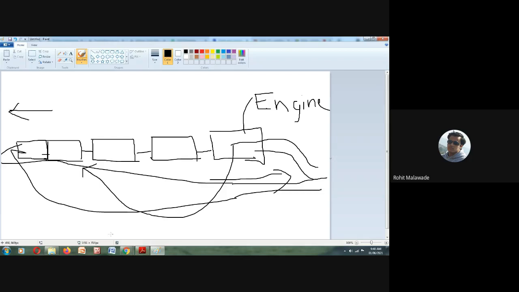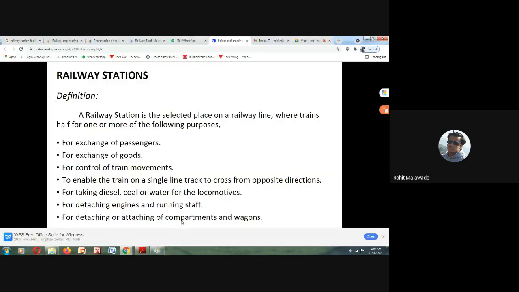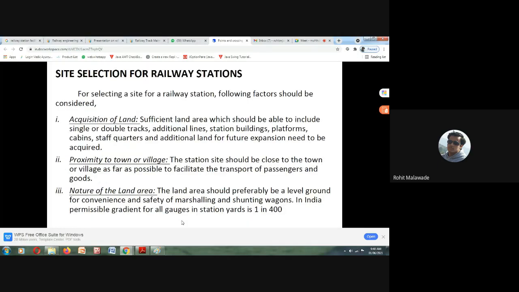So for detaching engines and exchanging the running staff, we use the railway station. For detaching or attaching compartments and wagons, as I have just told you, we also use the railway station. This is how the railway station is used.